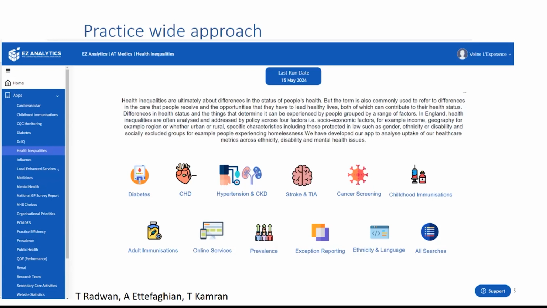So everyone takes a keen role in knowing how and whether you are helping to reduce health inequalities across your local patch. Okay, so the areas we decided to focus on in terms of people or communities we felt were being underserved were those from Asian and Black ethnicity, those with serious mental illness, and those with learning difficulties as well.